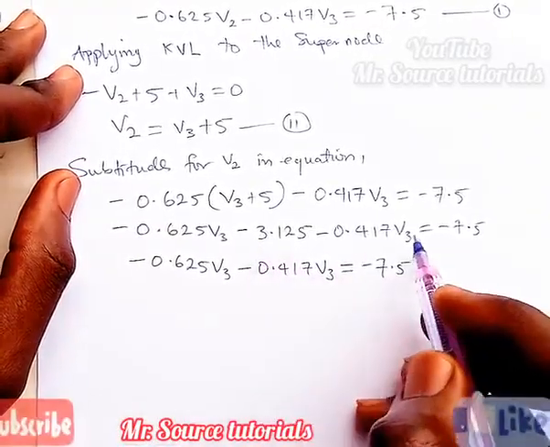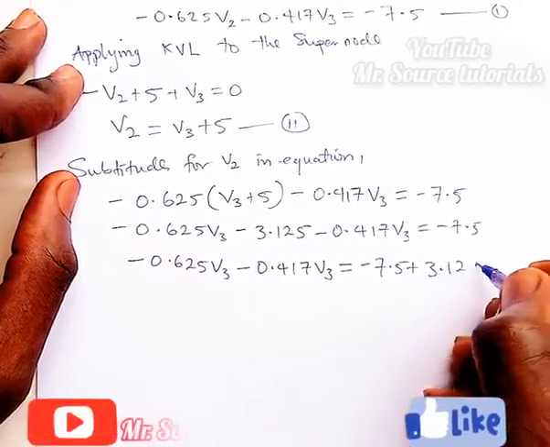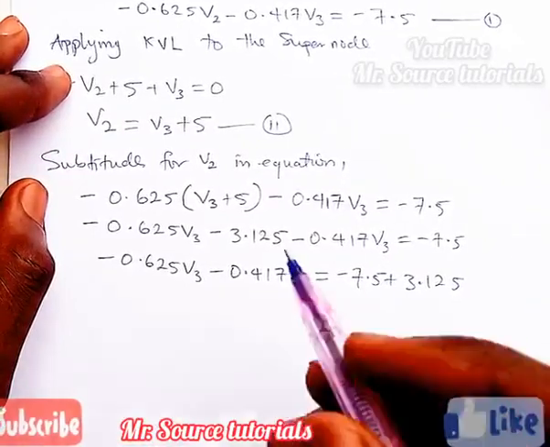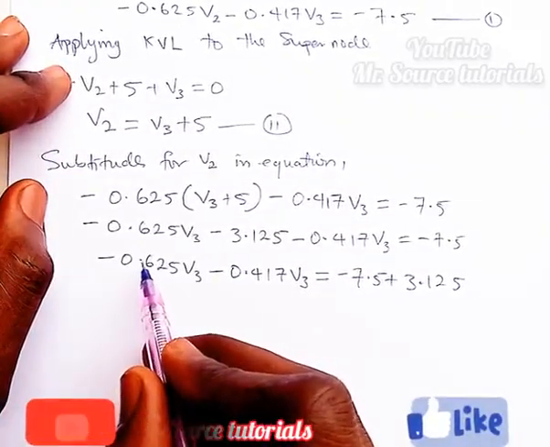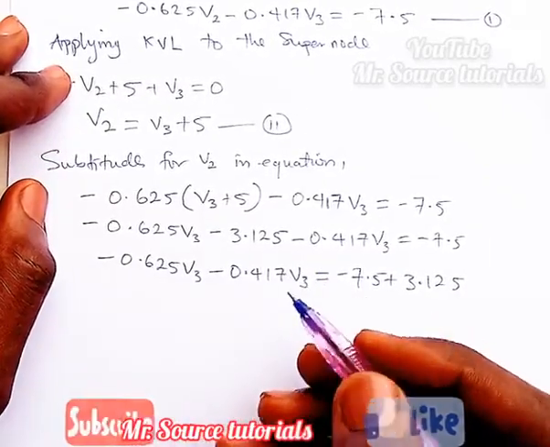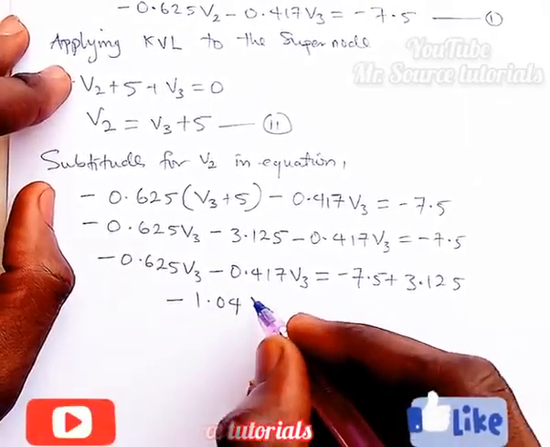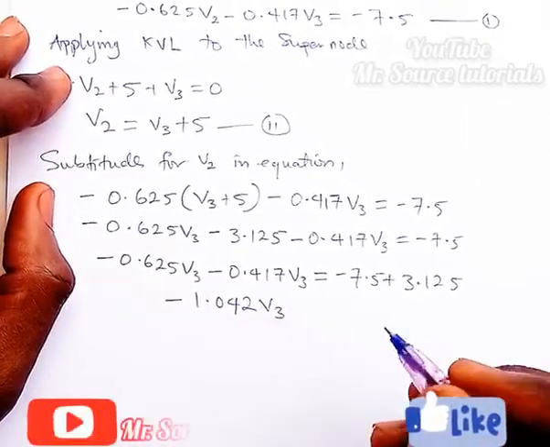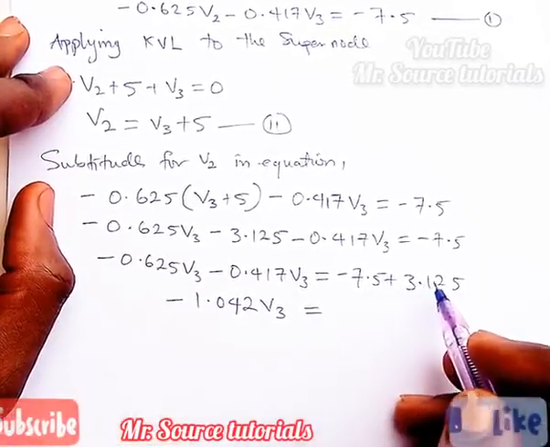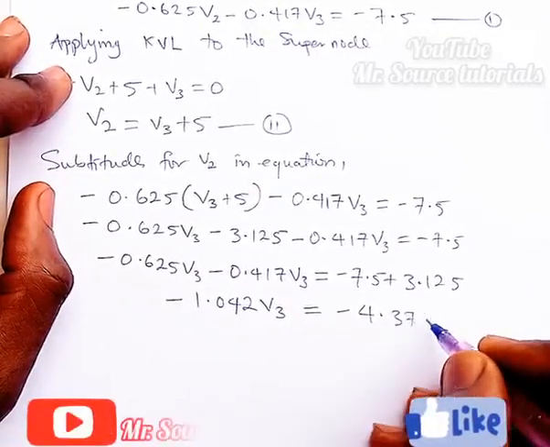This negative crosses the sign and turns into positive, plus 3.125. Summing this together, minus 0.625 V3 minus 0.417 V3 is going to give us minus 1.042 V3, equals minus 7.5 plus 3.125, which is going to give us minus 4.375.